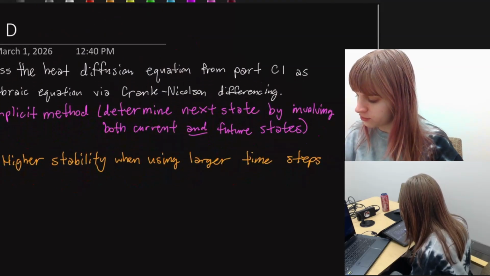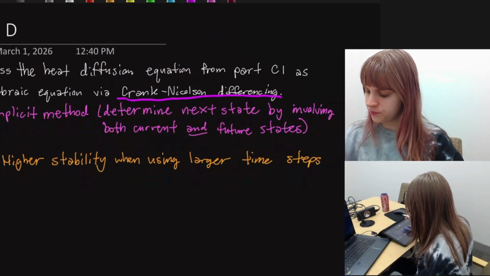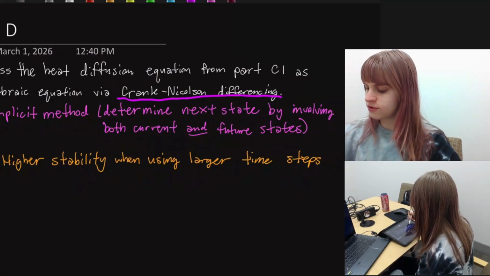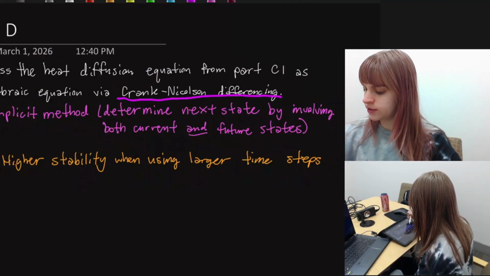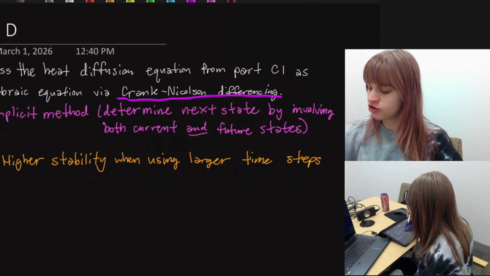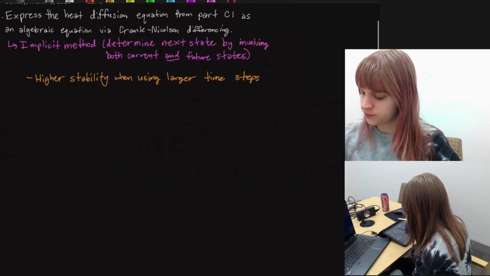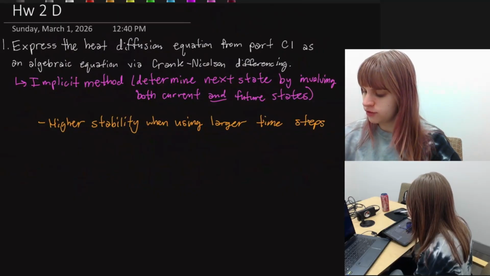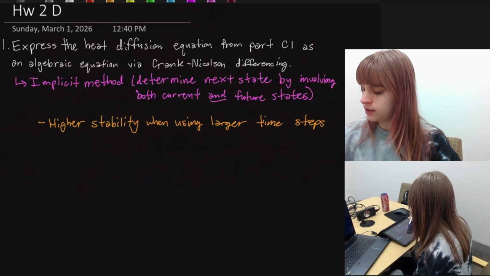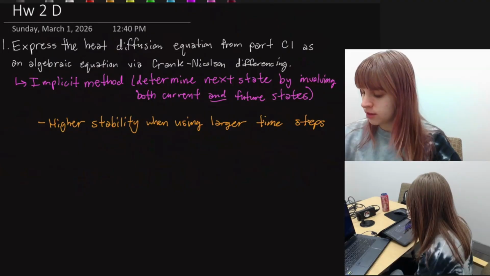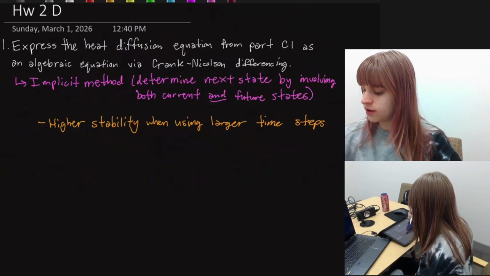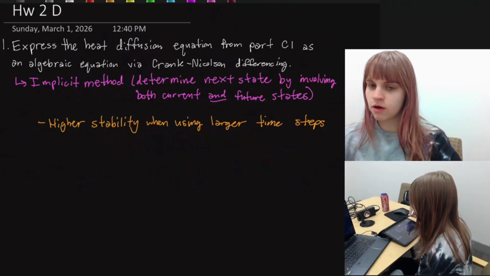the Crank-Nicolson differencing. So this is going to determine the next state by involving both the current and future states, not just the current state. And this results in a higher stability in general, and a higher accuracy, and also a higher stability when using larger time steps.